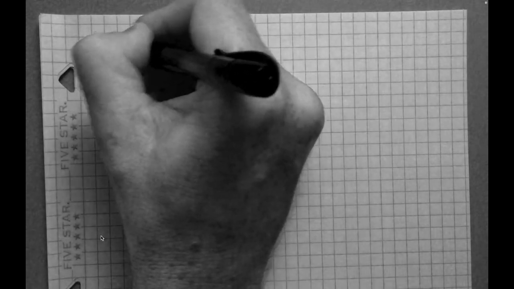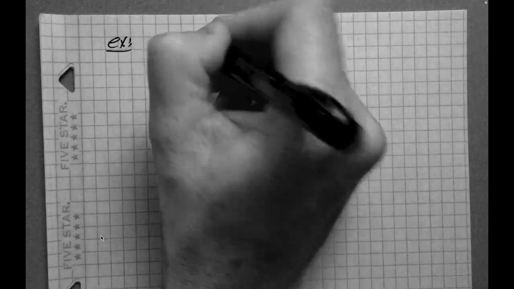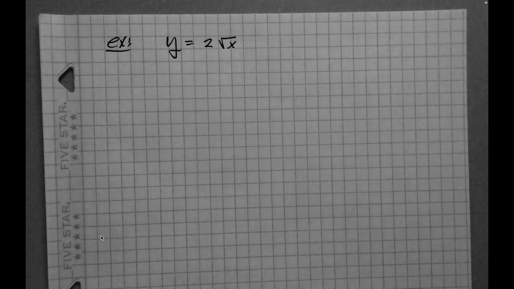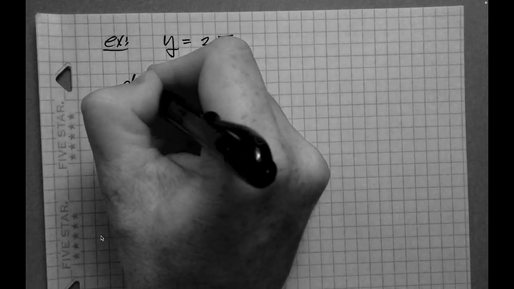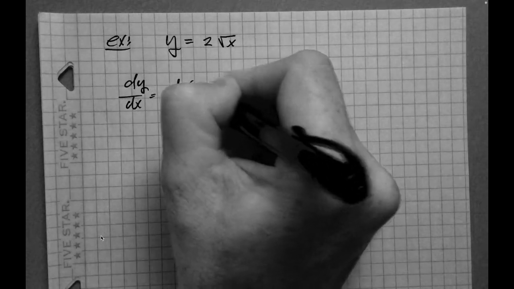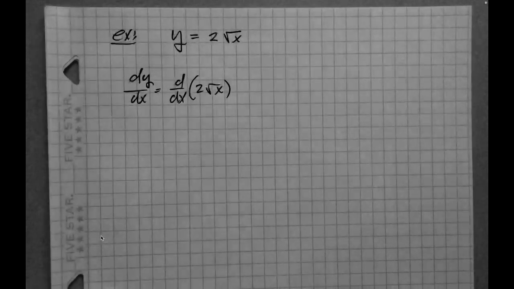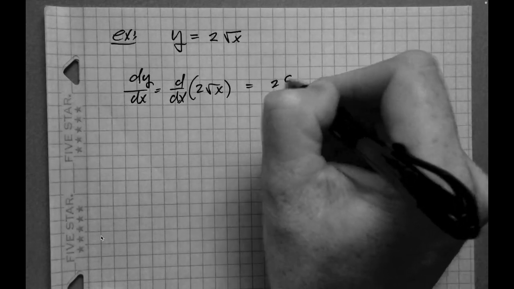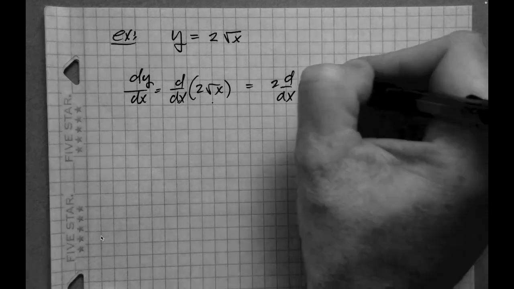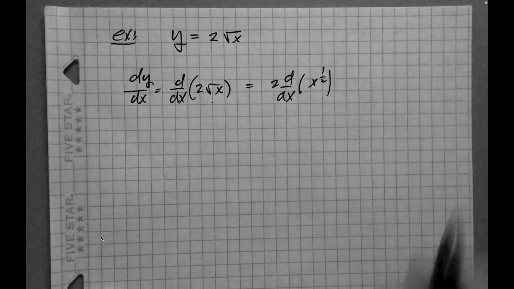We're not going to exhaust examples, of course, but we want to make sure we go through enough of these that it's clear. How about y equals 2 times the square root of x? All right, so that means dy over dx is equal to d dx of 2 square root of x, of course. You can pull the 2 out. And at the same time, we can recognize that the square root of x is just x to the 1/2 power.